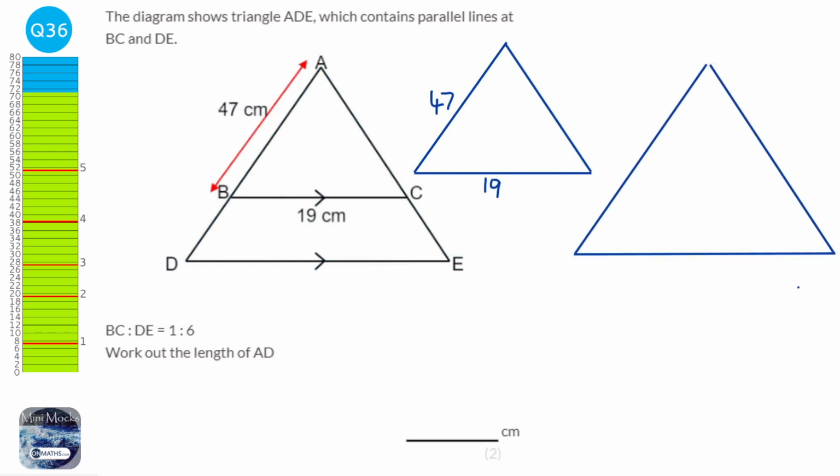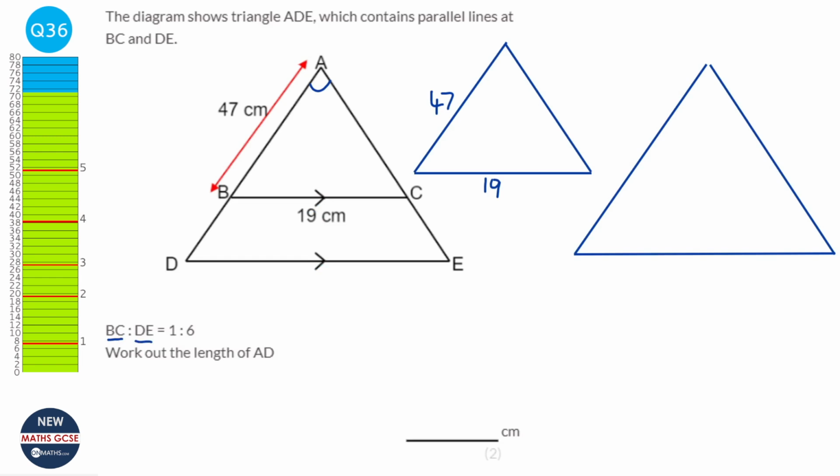Now we know that both of these triangles are similar, and the reason is they share an angle and the lengths at the bottom are parallel, so they will be similar, which means one's an enlargement of the other. And we are given some information in the question that the ratio of BC to DE is 1:6.